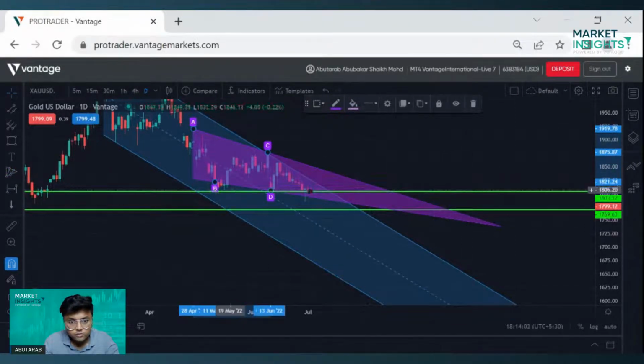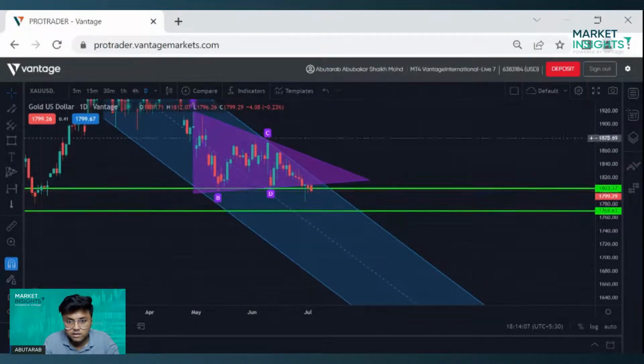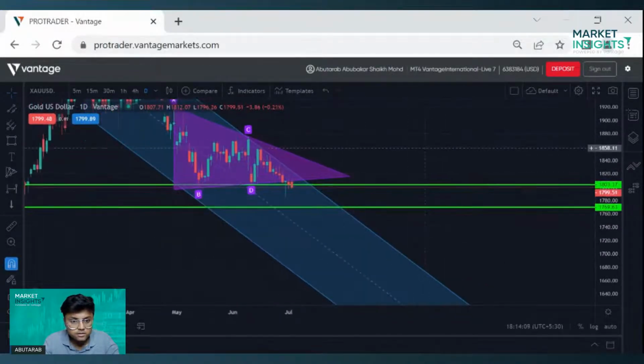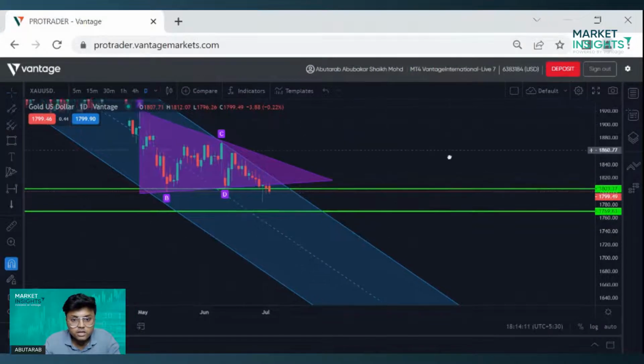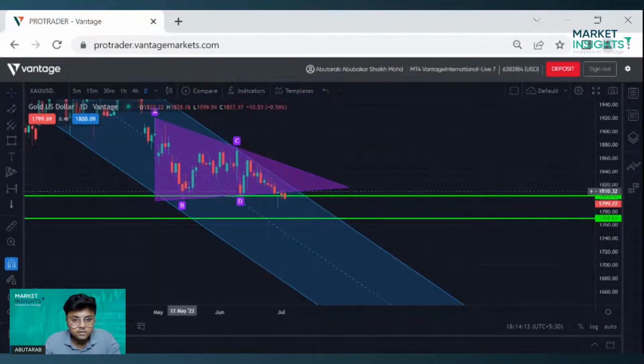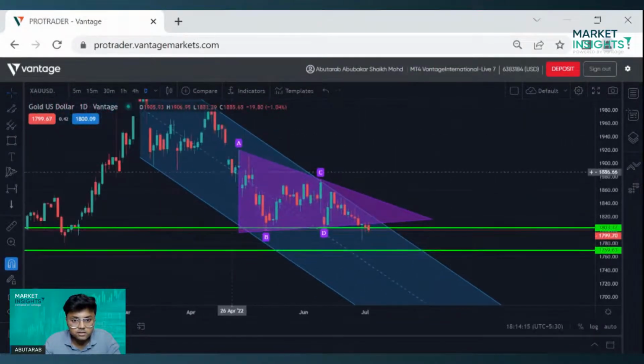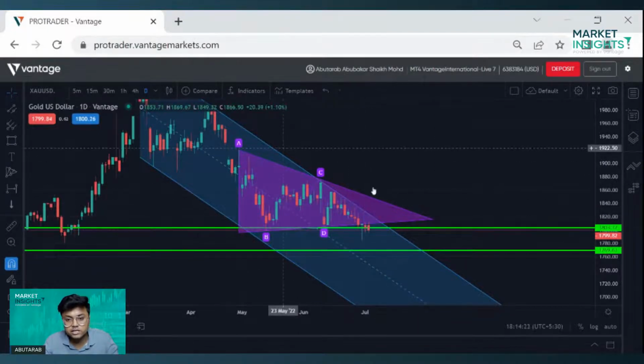So we have seen almost a triangle pattern here, right? There is a support down here and a parallel channel, but it is acting in a pattern almost similar to a symmetrical triangle. Or somebody might also say that this is a wedge.